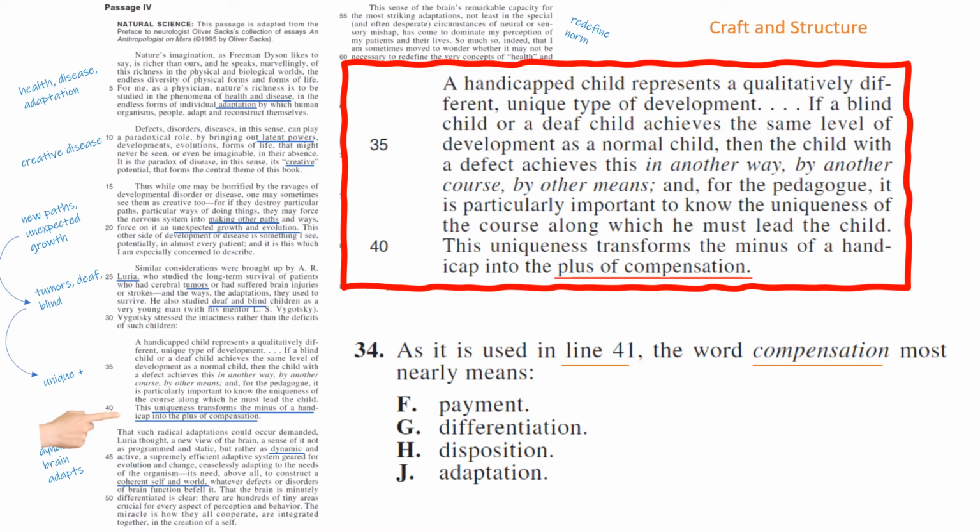Payment would mean to provide monetary payment for something. Differentiation would mean to do something different, and disposition would be a proclivity for something. So a little bit of a vocabulary question, craft and structure, but your answer is J, because at its core, this is about developing, adapting to a situation.